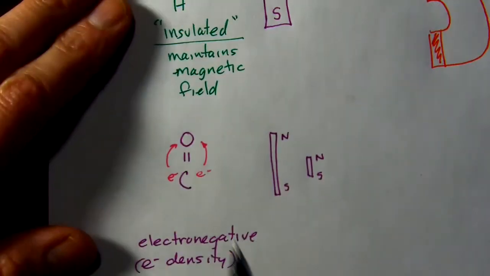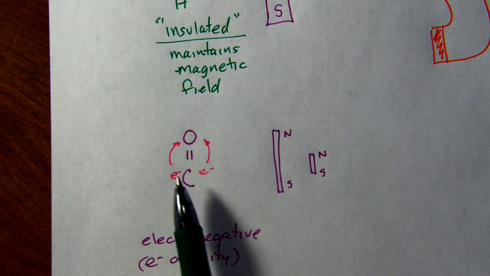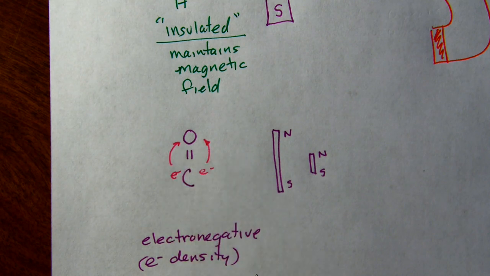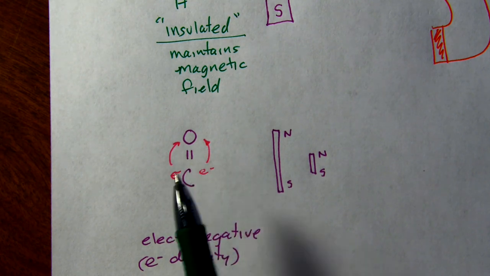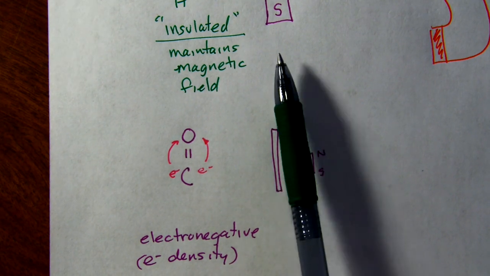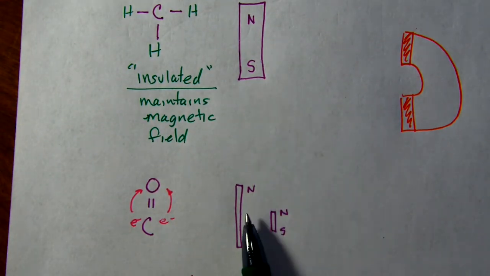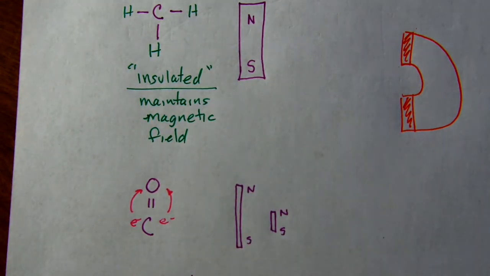Okay, but you put carbon around an oxygen, it's going to start stealing electron density. And what happens? You steal that electron density, you steal that magnetic property. Okay, so now you're going to get a skinny magnet or a small magnet instead of a big, fat, juicy magnet like that guy.